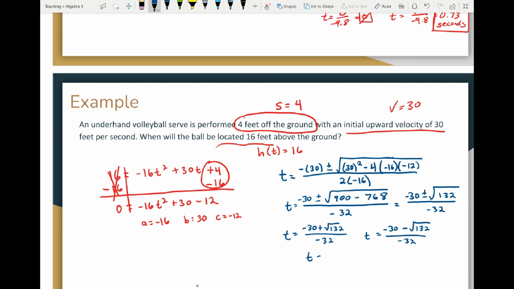Those two values are going to be 0.58, and the other one is going to be 1.29. And that makes sense because 16 feet is higher than 4 feet above the ground. If I were to draw this, if I were to start at 4 feet, I'm going to come up and it's going to go back down. It's going to be at 16 feet at 2 different times. One of those times would be at 0.58 seconds, and the other one would be at 1.29 seconds.